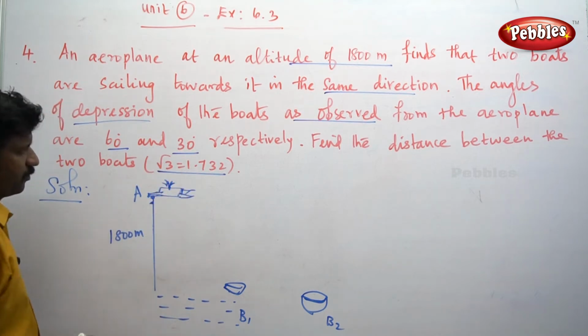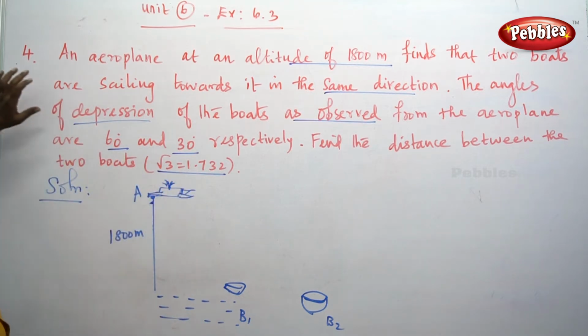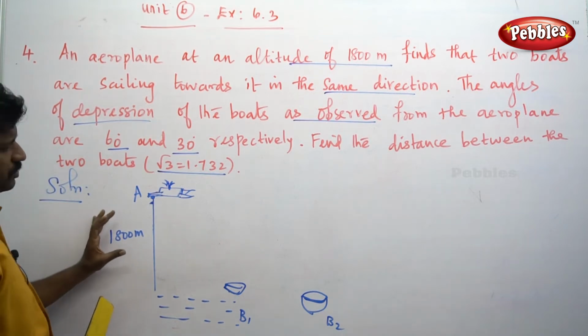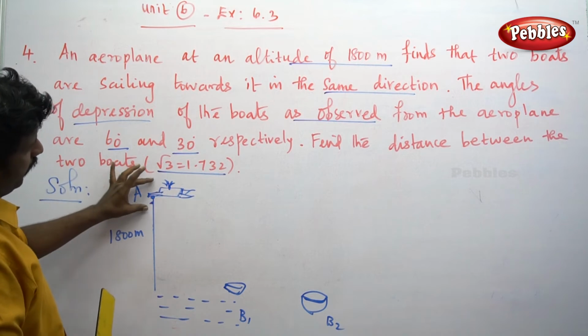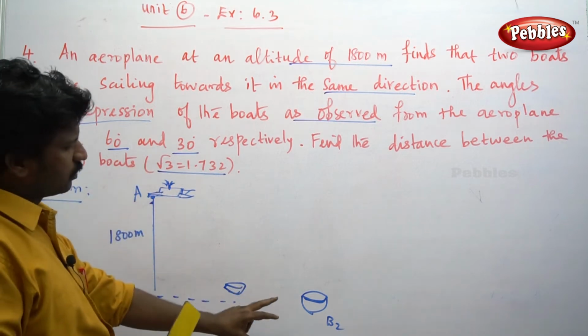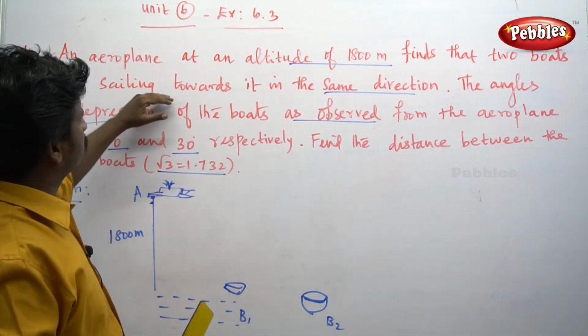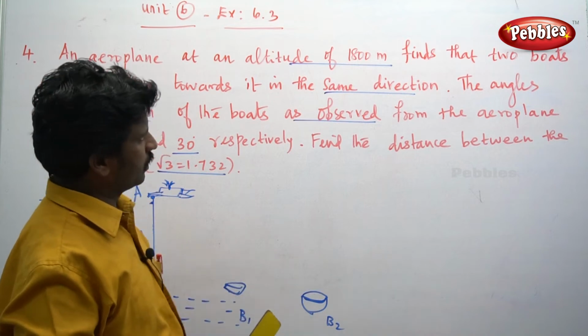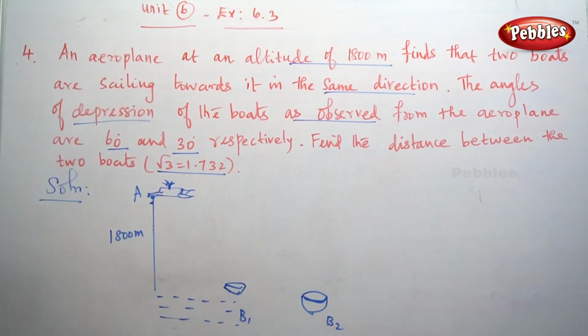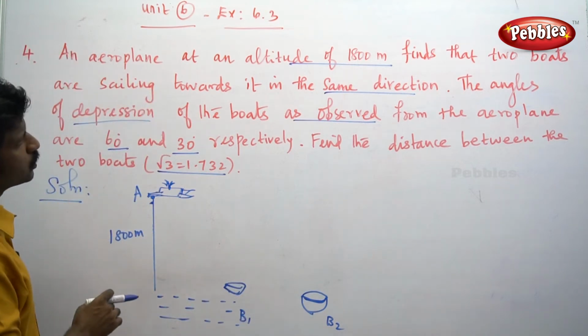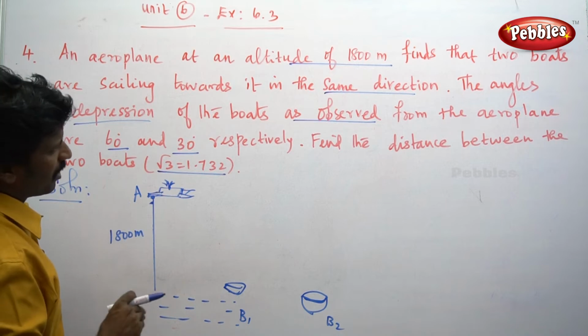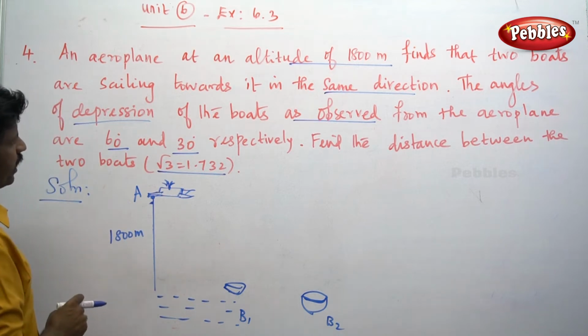So உங்களுக்கு புரியணுன்றதுக்காக போட்டிருக்கேன், okay? Diagram is not a matter here. You know what is the position, that's why I am drawing this diagram, right? So this is the aeroplane, this is boat 1, this is boat 2, towards in the same direction. The angles of depression of the boats as observed from the aeroplane are 60 degree and 30 degree.